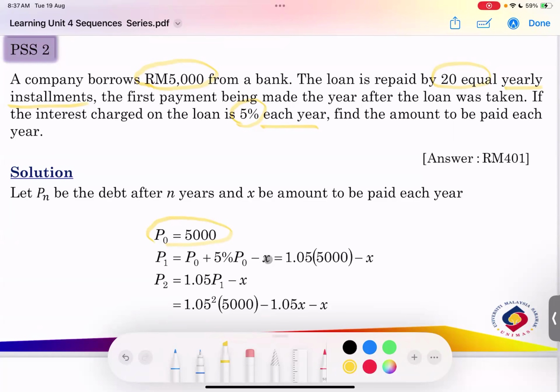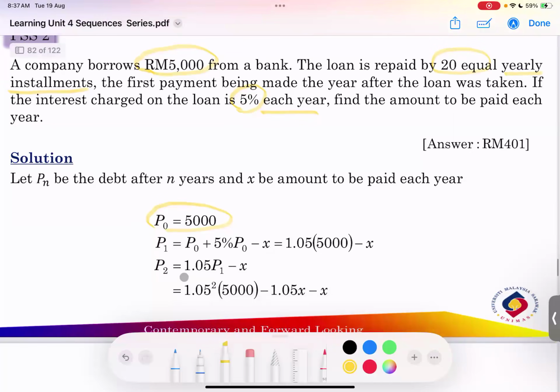The unknown for what? For the amount to be paid each year. We're not sure what this is. Okay, so we create a formula like this, and then it's equal to 1.05 P1 minus x. So this is the beginning, this is the first year, this is the second year.